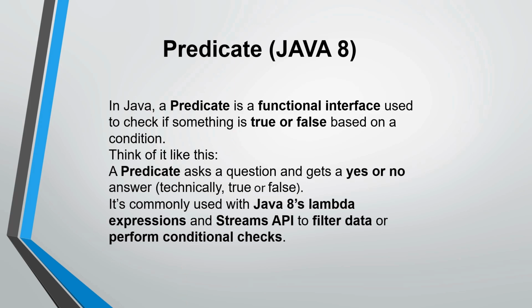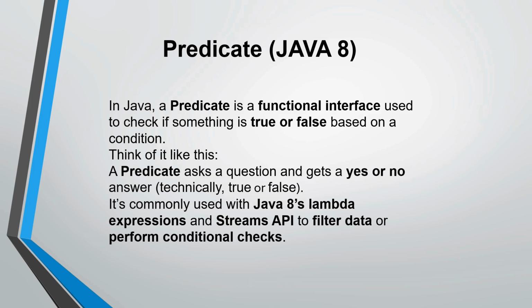Let me show you how the predicate interface looks. Interface Predicate. It will take one generic type as an argument, and it has one abstract method.